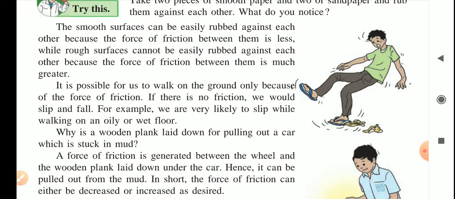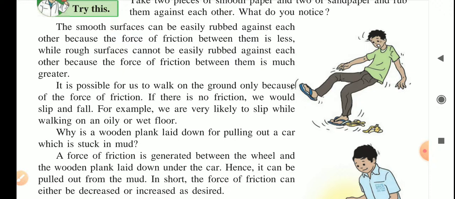The force of friction is generated between the wheel and the wooden plank laid down under the car, because the wooden plank will be a little bit rougher than the mud. Because of the mud the surfaces might be slippery and the vehicle might not come out easily. That's why they use a wooden plank, so that there will be some friction generated between the tire and the wooden plank, and the vehicle will come out easily. Hence, it can be pulled out of the mud.